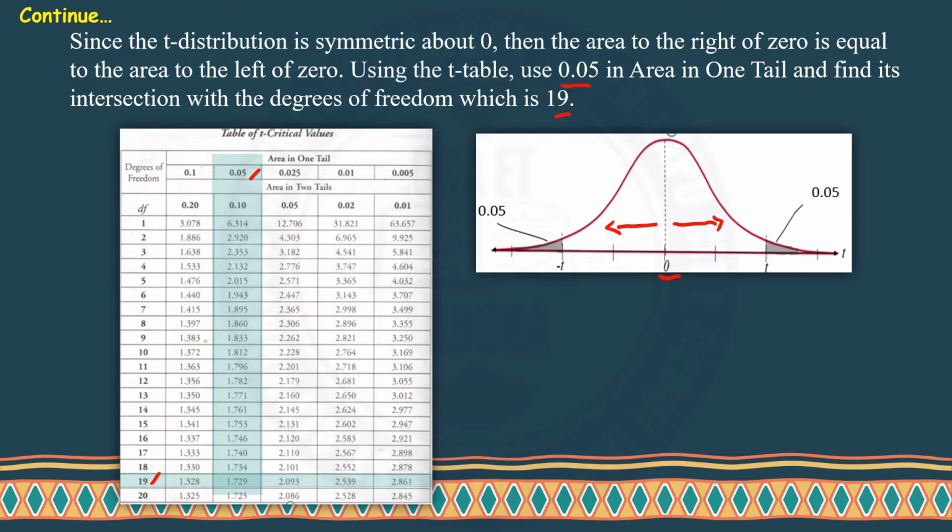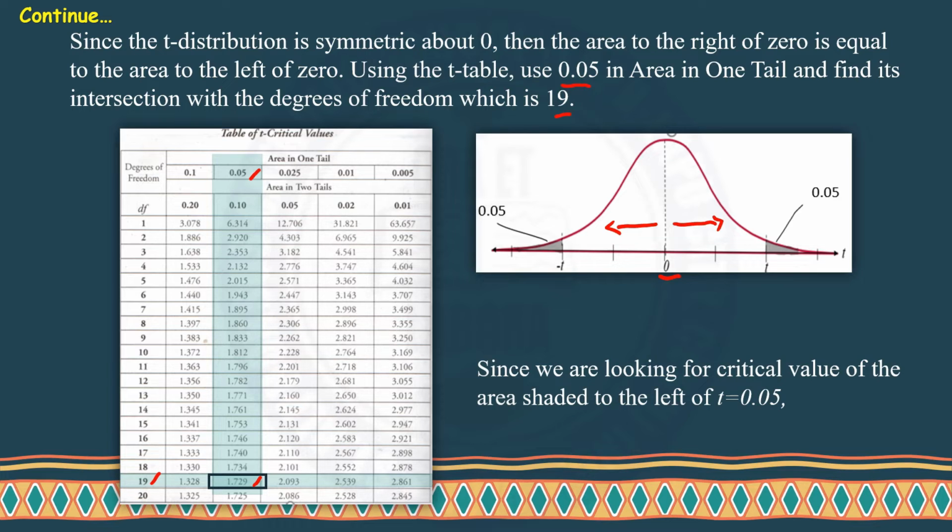Get their intersections and we got 1.729. Again, since we are looking for the critical value of the area shaded to the left of t is equal to 0.05, so t sub negative 0.05 is equal to negative 1.729. Don't be confused on this t sub negative 0.05.